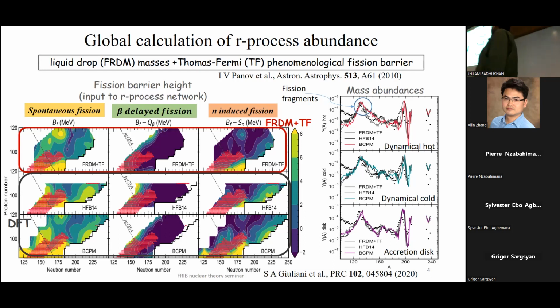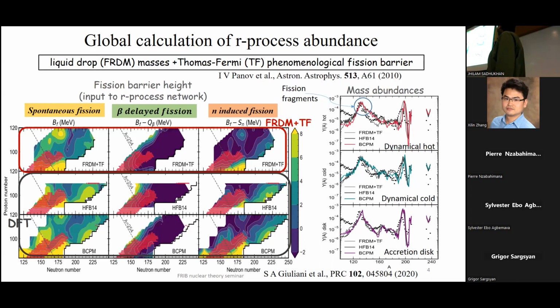When these barriers are used in an R process network, we can finally get the mass abundances. These are the calculated mass abundances under different ejecta conditions: hot ejecta, cold ejecta, or accretion disk. More or less the gross picture is the same.